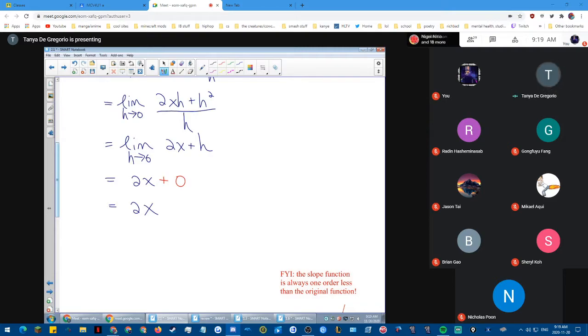Sub in 3. You want to know what it is when x equals negative 25? Sub in negative 25, and you're going to find the slope at that point. Okay? So this is your slope function. Are there any questions so far?